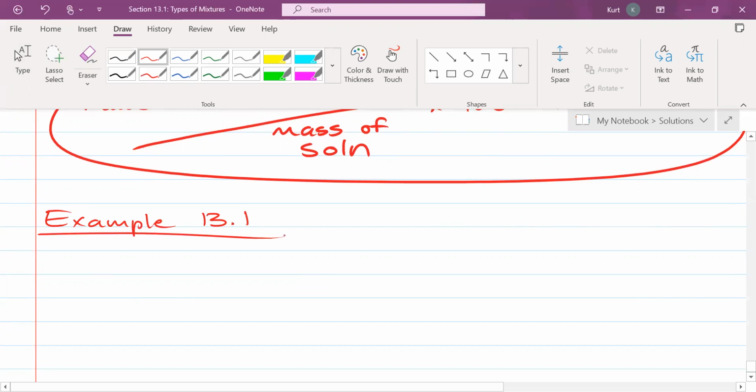This is a percent by mass problem, okay? I'll give you a moment to try to figure it out, then I'll go over it with you. Here we go.